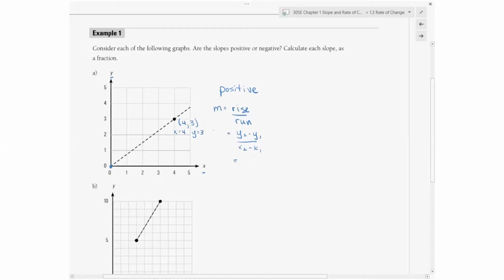So it went up 3 minus 0, and x is 4, so that's 4 minus 0. So we're going to call these x2 and y2. And so we get that's 3 over 4, and that is our slope as a fraction. So it's positive, and it's 3 over 4.